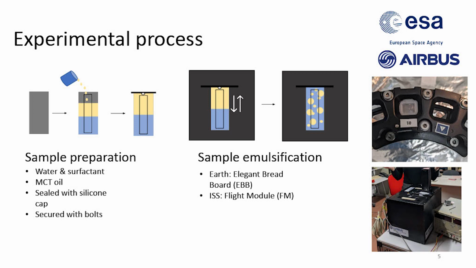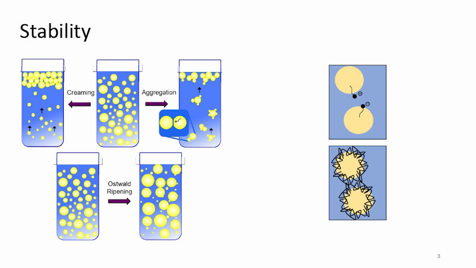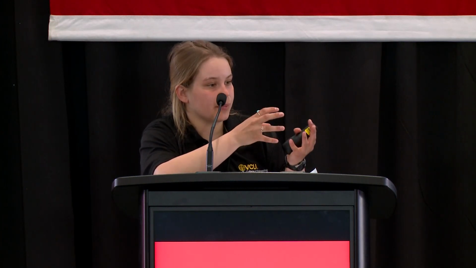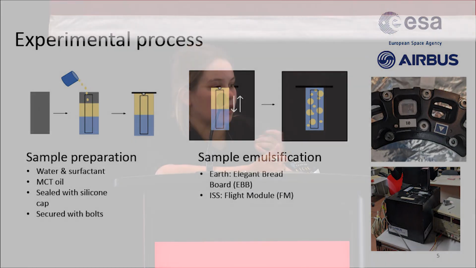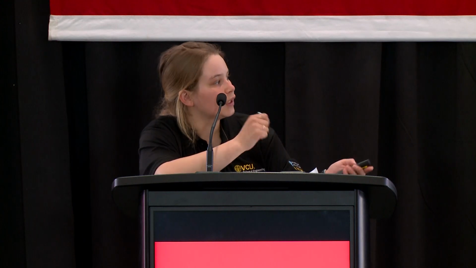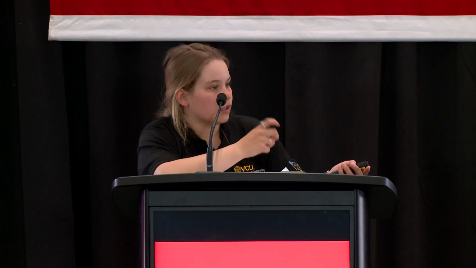One of the biggest things we're trying to study is the effect of Oswald ripening and flocculation, because under the influence of gravity, it's very difficult to isolate those by themselves, because as the droplets get bigger, it's typically masked by gravity, so it's occurring at the same time, but it's very difficult to isolate. Also, we're studying different surfactant concentrations. Surfactants are used to stabilize emulsions. Studying that surfactant concentration.